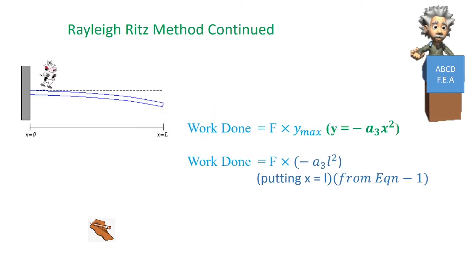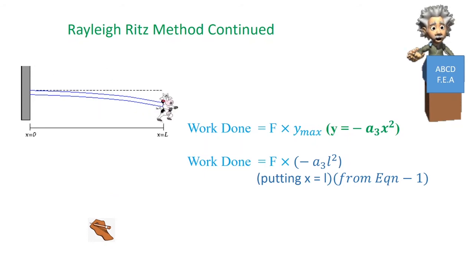Now if you see the cow, when the cow is coming at the end, at x equal to L, the deflection is maximum. Again I will repeat, when the cow is coming at the end and trying to jump at the end, the deflection is maximum.